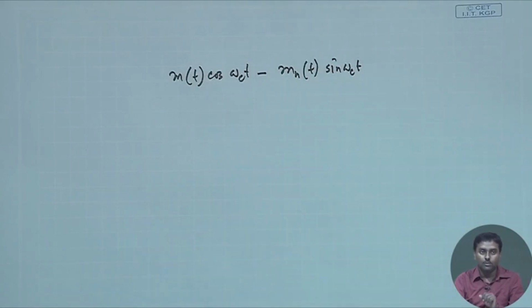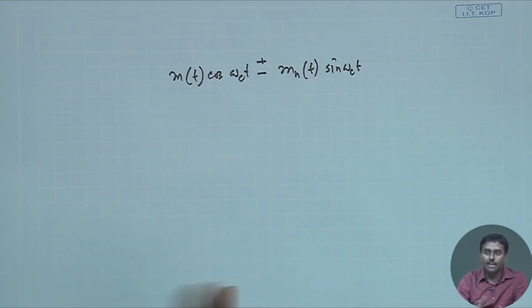Take that as a homework. If we do the lower sideband, this will just become plus, nothing else. So this can be proven. Either upper sideband or lower sideband is just this separation of the plus sign or minus sign. So let's say we are just taking this.